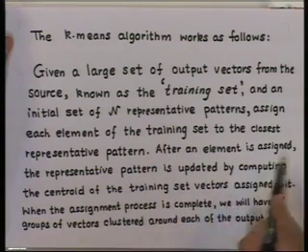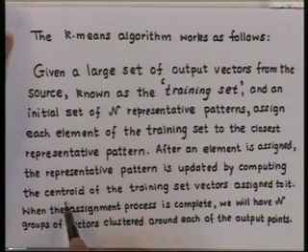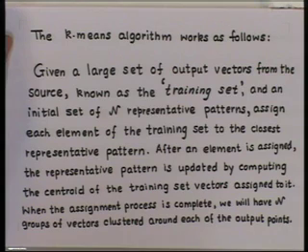After an element is assigned, the representative pattern is updated by computing the centroid of the training set vectors assigned to it. When this assignment process is complete, we will have n groups of vectors clustered around each of the output points.